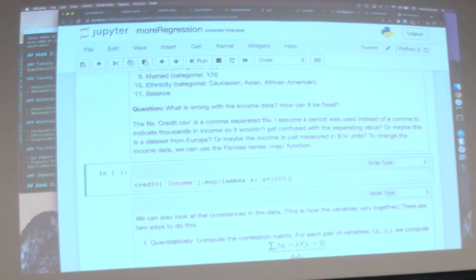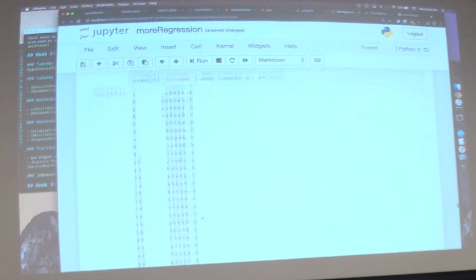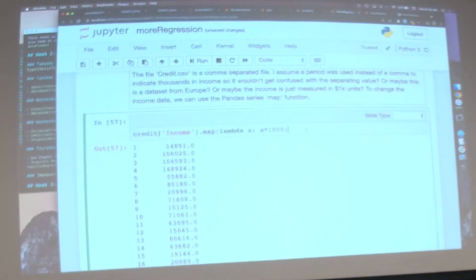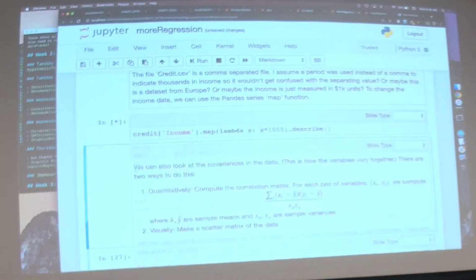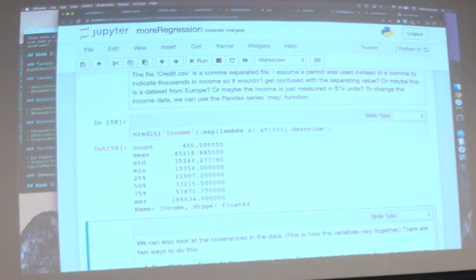This is not going to change anything, it's just going to give me back a new series, which looks a little bit more reasonable. If I describe it, I see the count is the same, and now the mean is 1,000 times greater, which makes me think that I did it right.